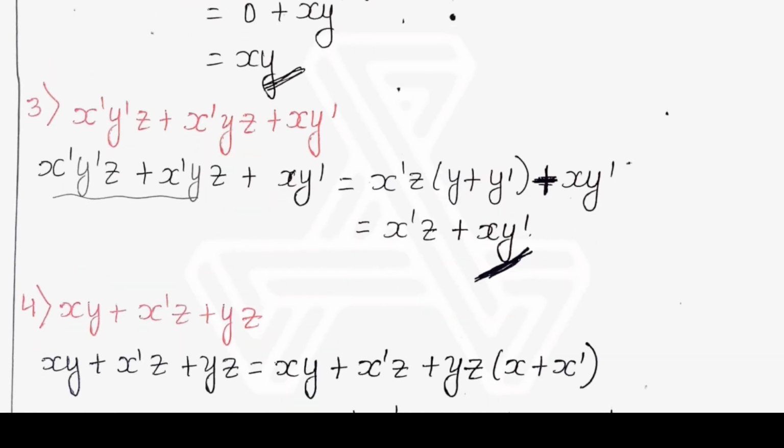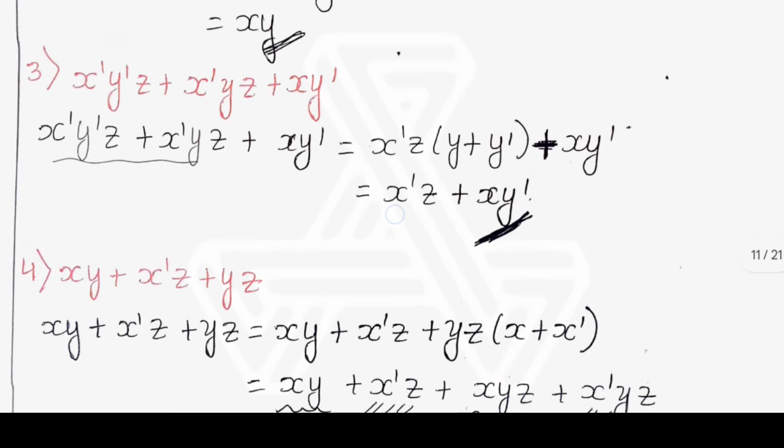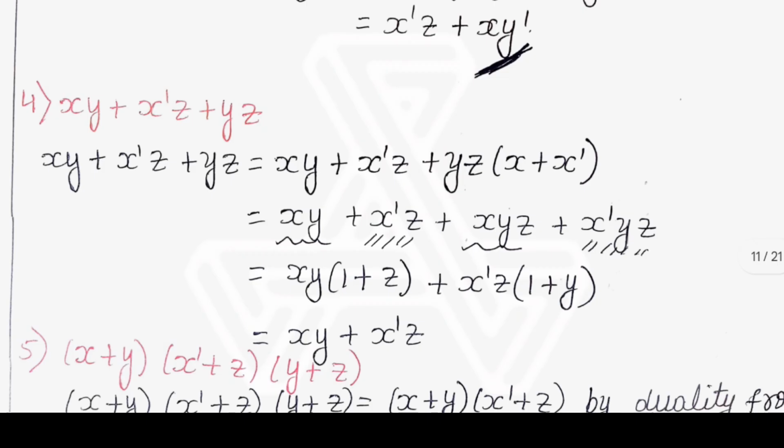Then x dash y dash z plus x dash y z plus x y dash. This can be taken as x dash z into y dash plus y, plus x y dash. That is x dash z plus x y dash. We are having this as x y, x dash z. Since there is no x in the third term, we are using y z into x plus x dash.